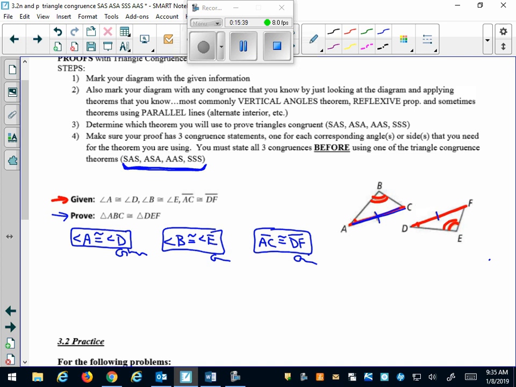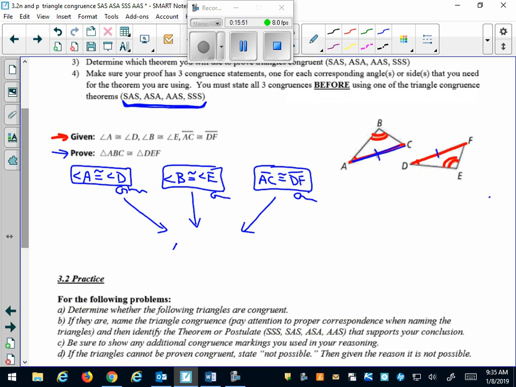Now, for this proof, it may seem a little silly, but we have enough information to say that already. Those three statements that they gave us for givens is enough to then say triangle ABC is congruent to triangle DEF by the AAS postulate.